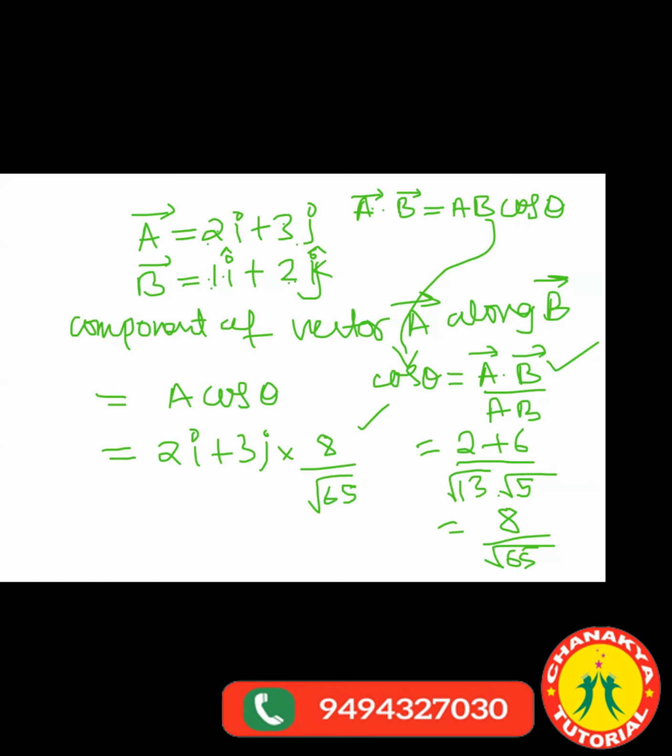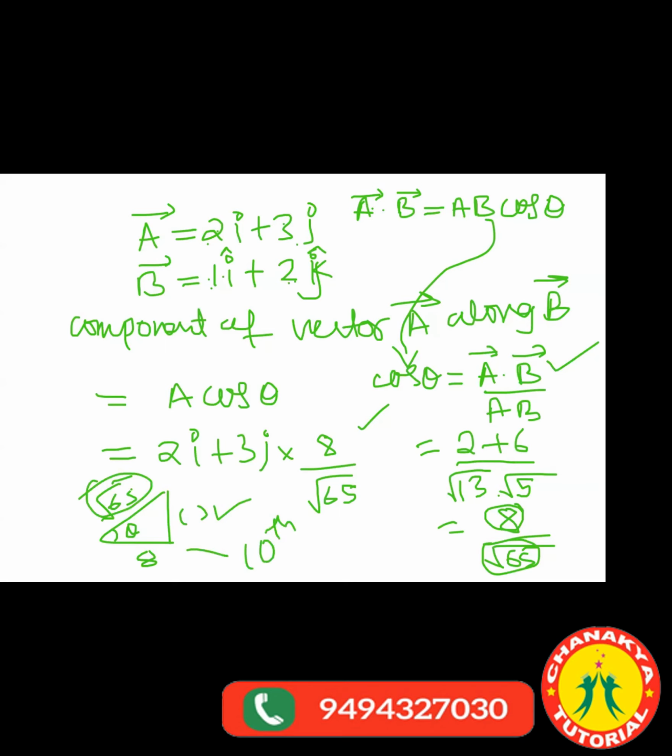You draw a triangle, this is theta. Cos theta means base divided by hypotenuse. Base is 8, hypotenuse is root 65. So apply Pythagoras theorem, you'll get this value. So from here directly you can write sin theta is equal to this value divided by root 65. This is class 10th maths. Correct?